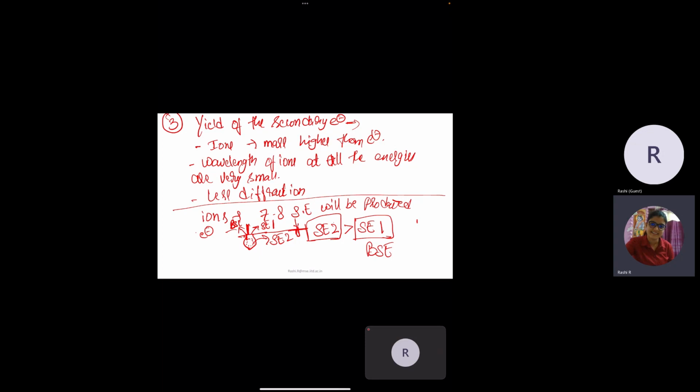That's why the yield of secondary electrons in ions is better, because for every ion we produce 7 to 8 secondary electrons, compared to electrons, which produce only one secondary electron 1. Okay, I hope you understood.